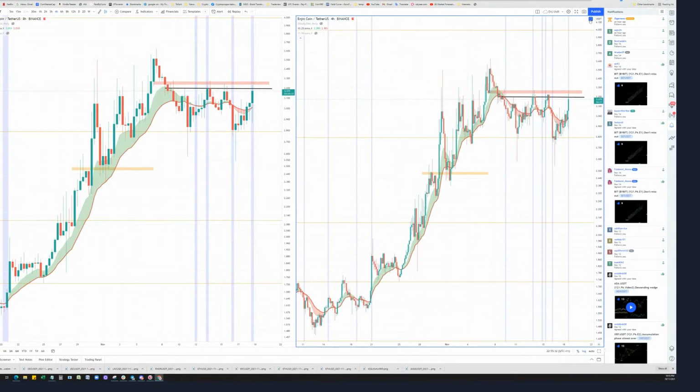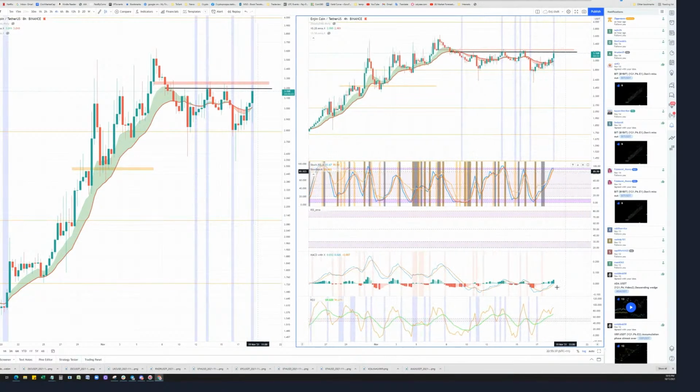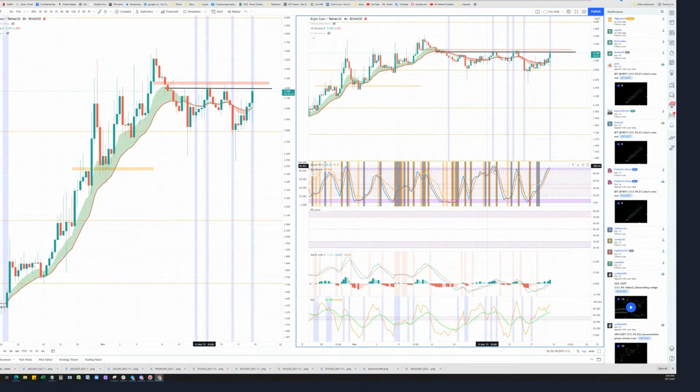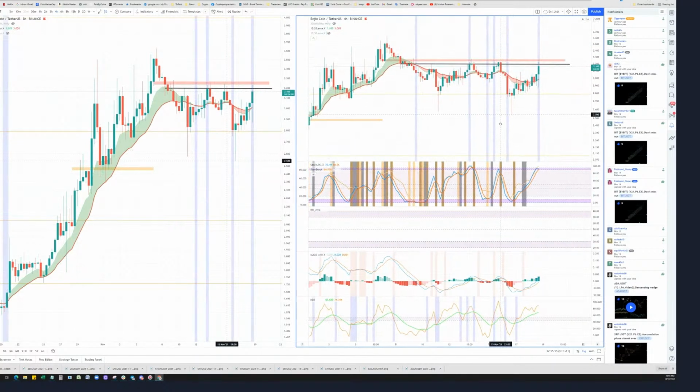Let's see what the indicators show us. Yeah, MACD bullish, not above zero, but the stochastic RSI could easily turn back, so we could get another rejection. So let's count. We've got to do the count. And what is the count?